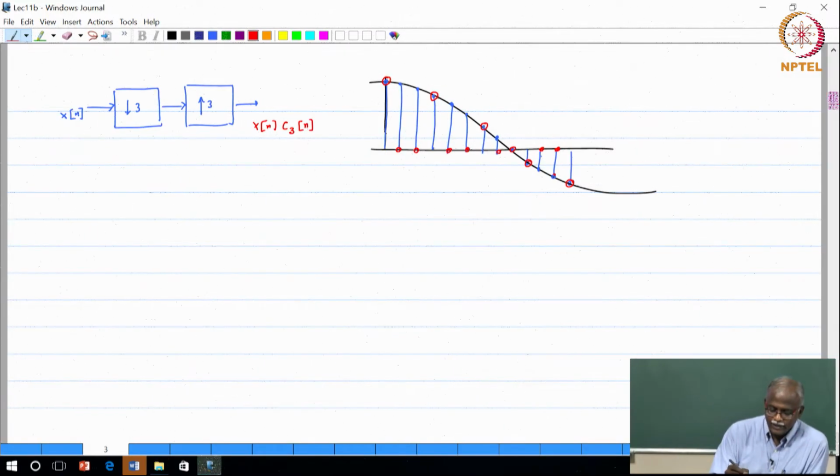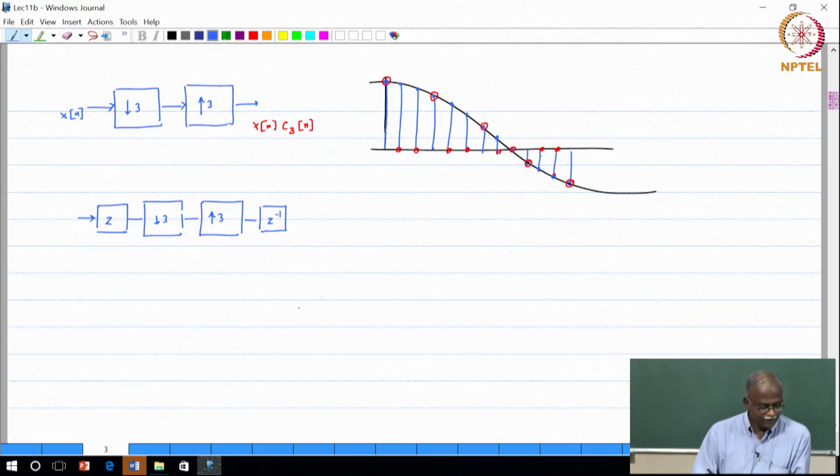In yesterday's discussion we had some variants of this. We said that if I advance this by 1 unit of time, followed by downsampling by a factor of 3, upsampling by a factor of 3, and then followed by a delay Z inverse, the output would be x of n multiplied by a comb sequence shifted by 1.